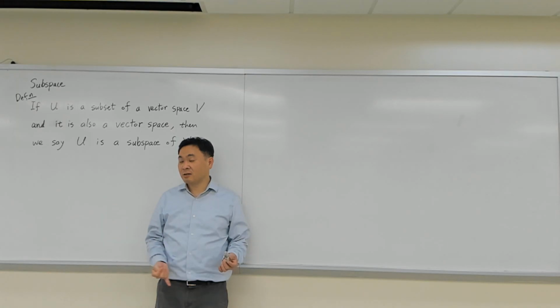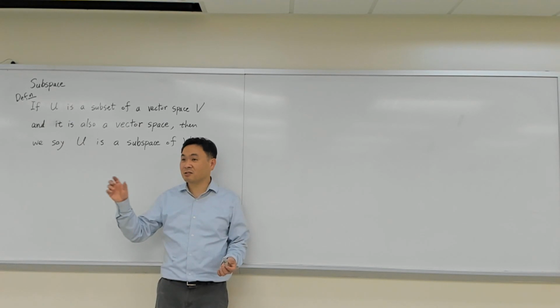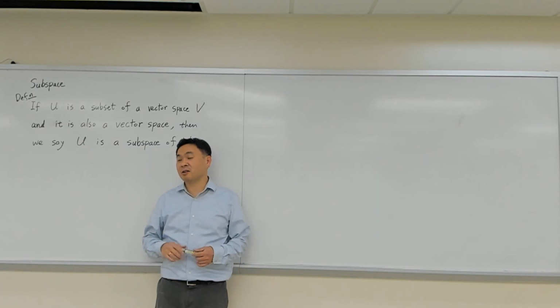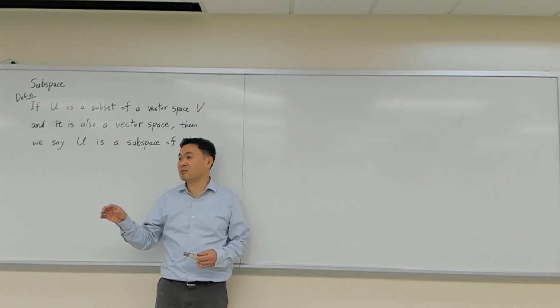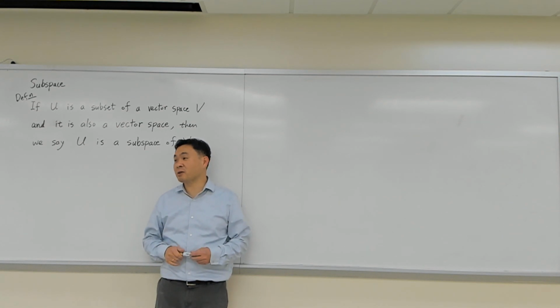And then the scalar multiplication had to be compatible, meaning that a times bv was the same as ab times v. And then 1 times v didn't change v at all. So those are the two conditions for being compatible.